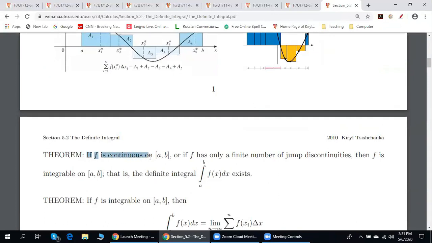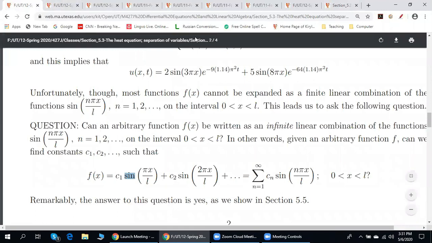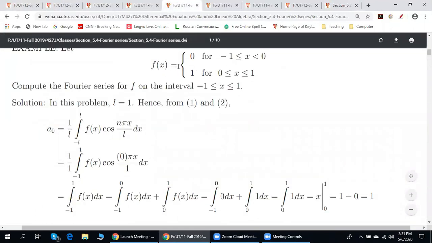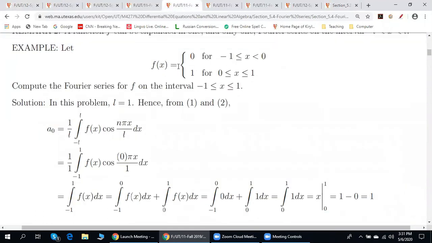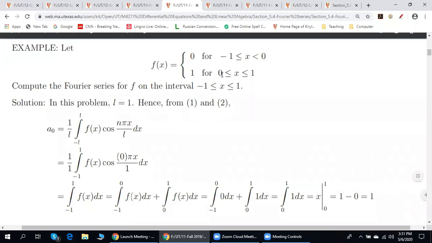If f is continuous on [a, b], or f has only a finite number of jump discontinuities, the integral exists. It's exactly what we have here. f has a finite number of discontinuities. At 0, our function is discontinuous.